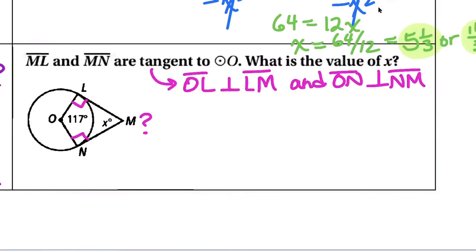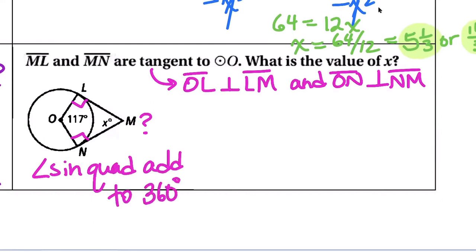So if you look at that quadrilateral here, what do the angles in a quadrilateral add to? Remember back when we talked about quadrilaterals, the angles in a quadrilateral add to 360. Two of those are 90 degrees. That means that the 117 and the x have to add to 180.